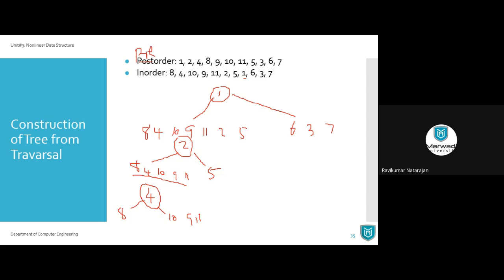So there will be 9 first and then 10 and 11 here. And how about 6, 3, 7? 3 is root, of course, and then I have 6 and 7. So kindly complete this, copy this, and write it in a new sheet, okay? Check whether you are getting this answer or not.